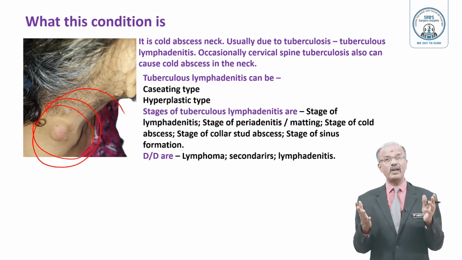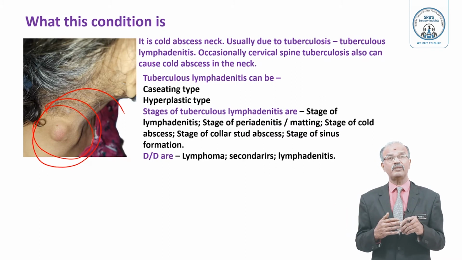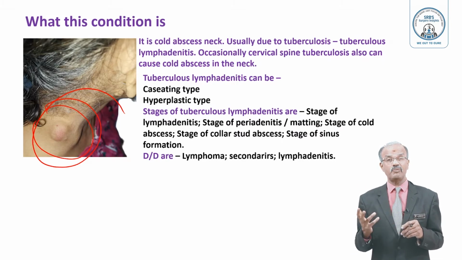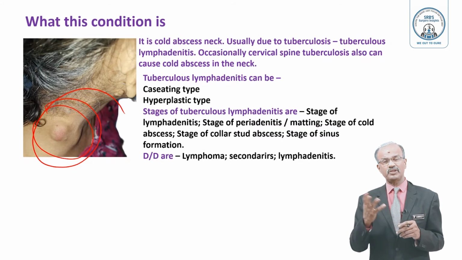So how will we evaluate? Do ultrasound, do chest X-ray. Currently of course they do CT scan and FNAC, to confirm it contains caseating material, very typical caseating material. That material you can send for AFB and for culture, mainly AFB and culture.